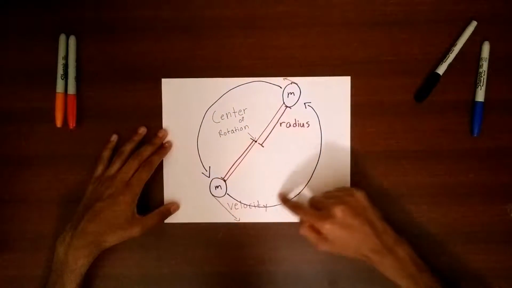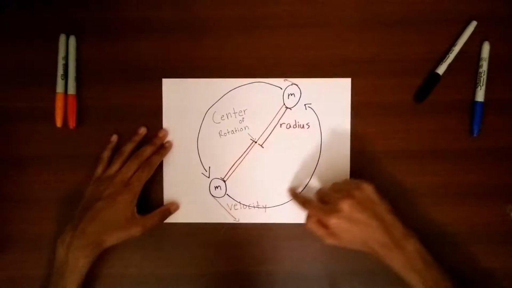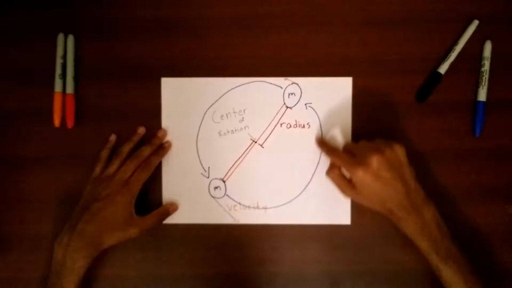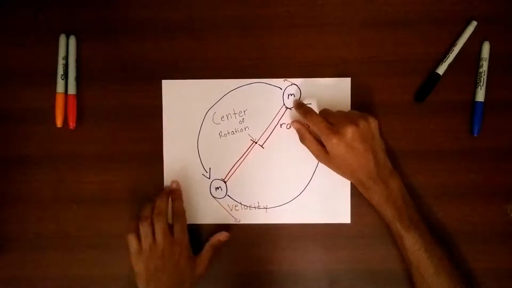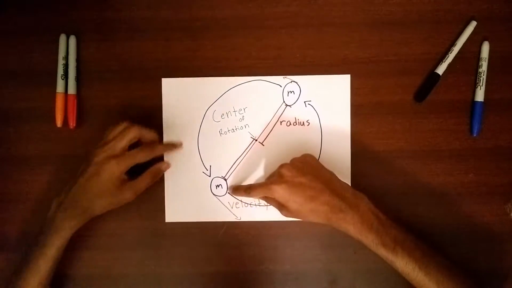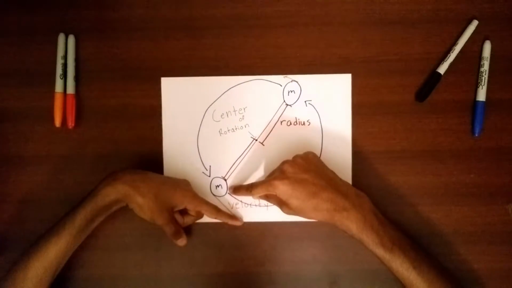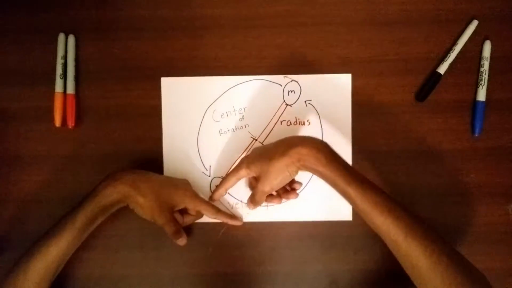The angular velocity of these objects is the path of which it follows. These masses have a tangential speed, which is perpendicular to the radius.